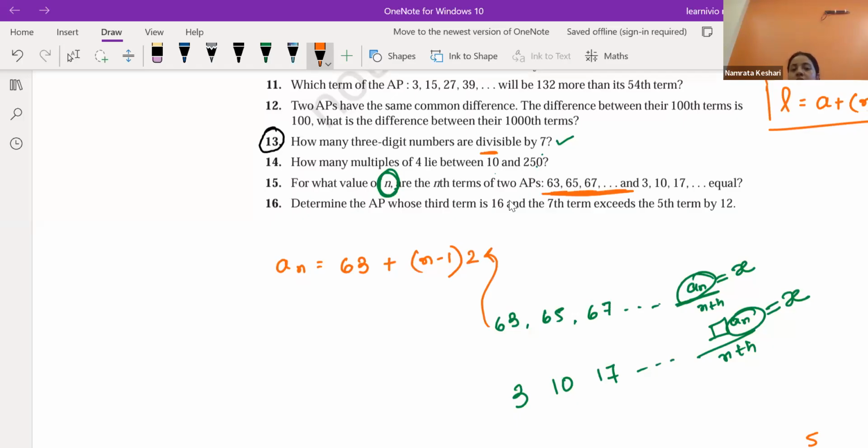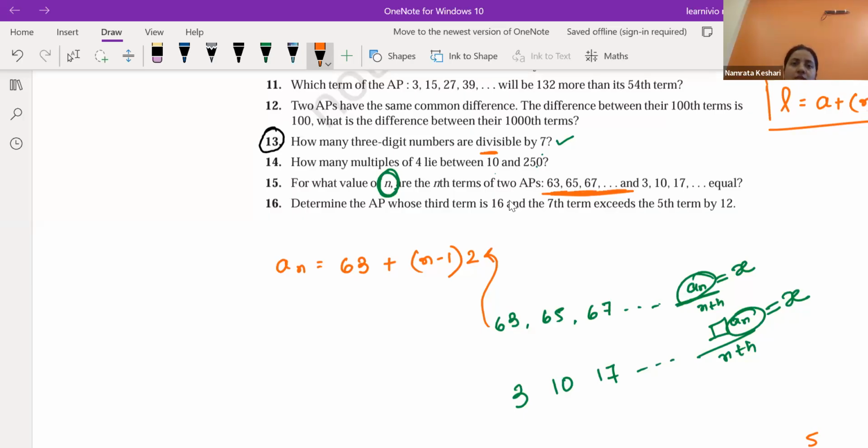We have just written the nth term formula. The nth term over here and the nth term in the other AP are the same. It is written in the question that the nth term over here and the nth term over there are the same. What is that n? So the placement is also the same and the number is also the same.